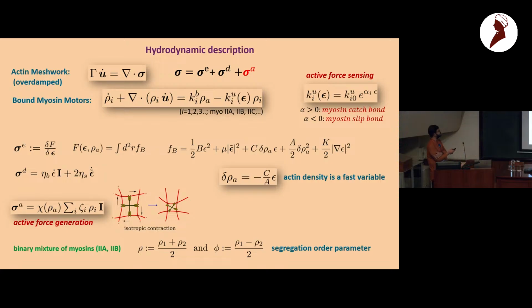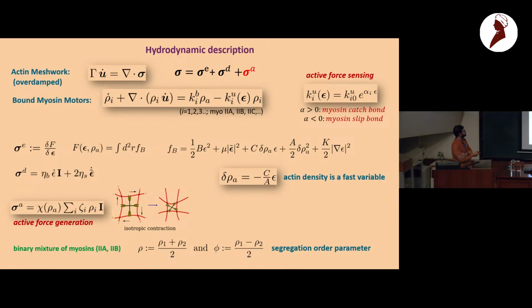So this is an overdamped elastic system, and the total stress has these three components. This is the passive part, and this is the active part, and this active stress will depend on the local actin density and local myosin density. We are taking a special form where it depends linearly on the myosin density.